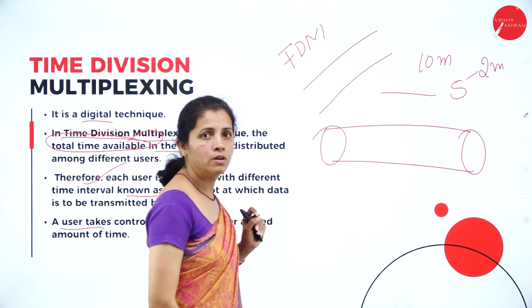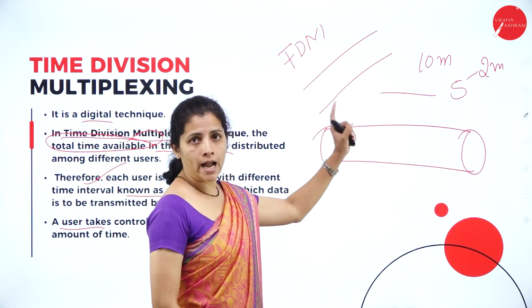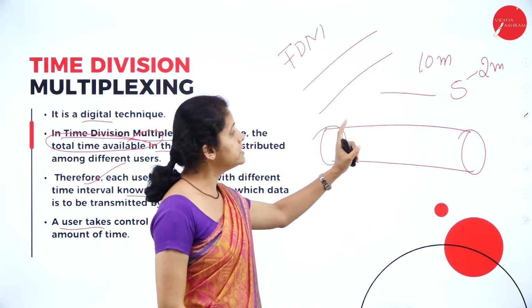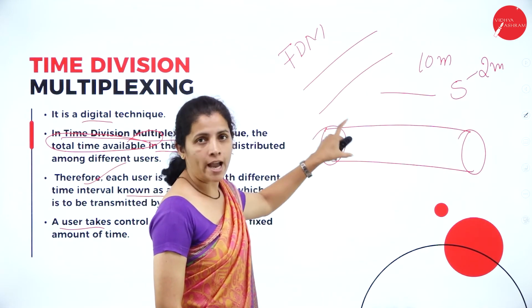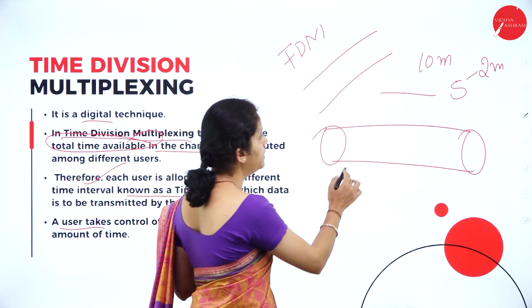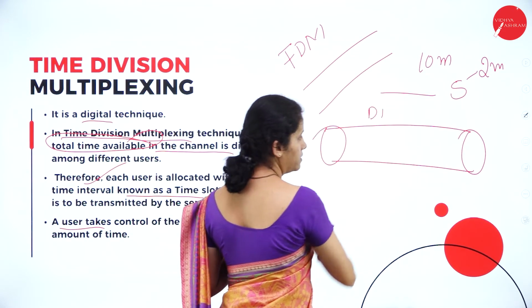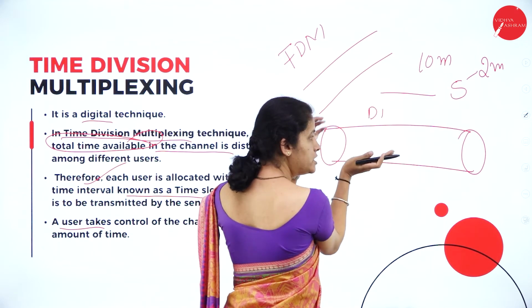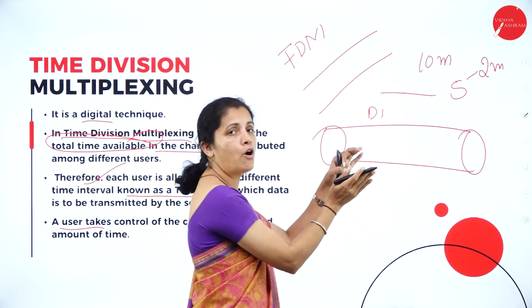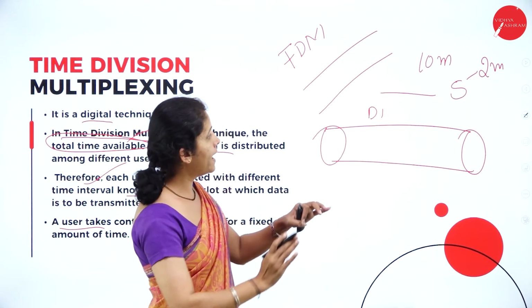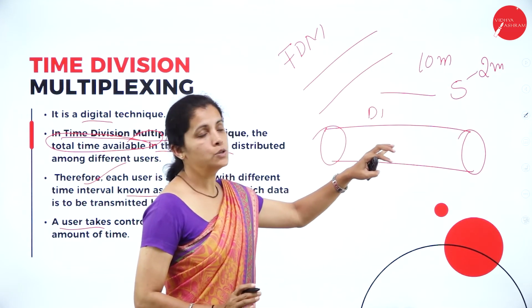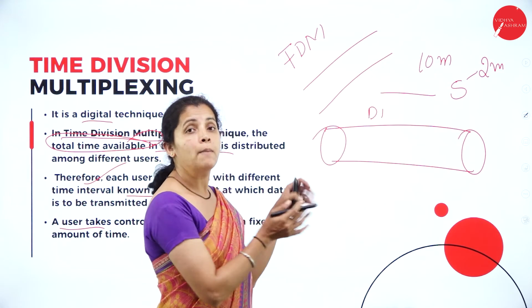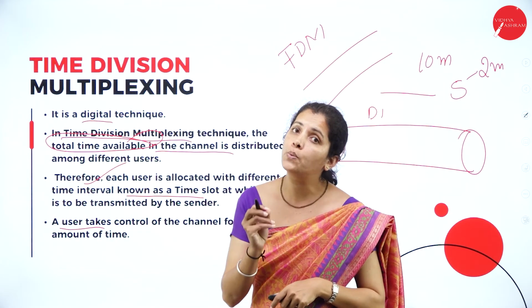Now, in that 2 minute time, each device is responsible for using the channel. For example, device 1 is going to use this channel capacity only for 2 minutes. After that, device 2. Then device 3, device 4, device 5. So here frequency remains same, but time slot varies.